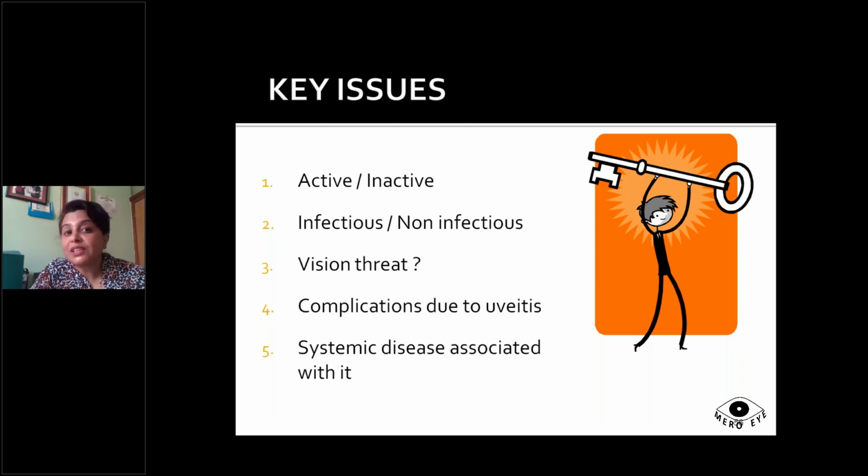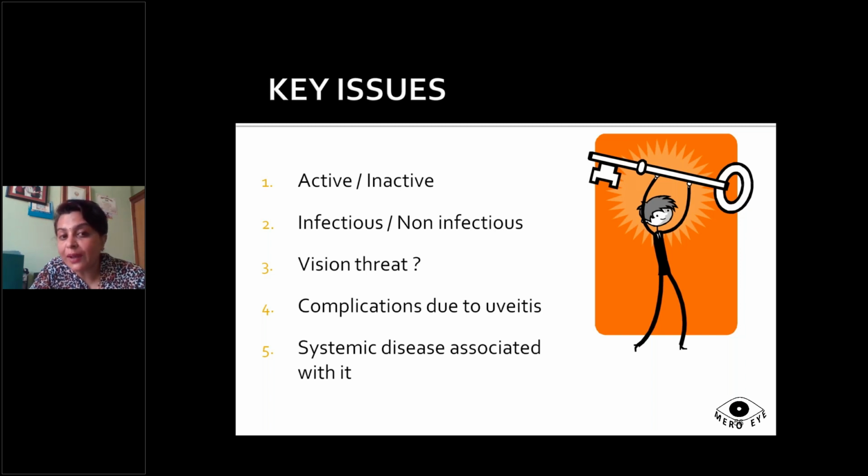Now, let me summarize. What are the key issues that we have to look for? One thing is whether this particular uveitis is active or non-active, because we are not in a hurry to run after an inactive case. We have to counsel the patient that this is a disease which might have recurrence, which might get into long-term management.